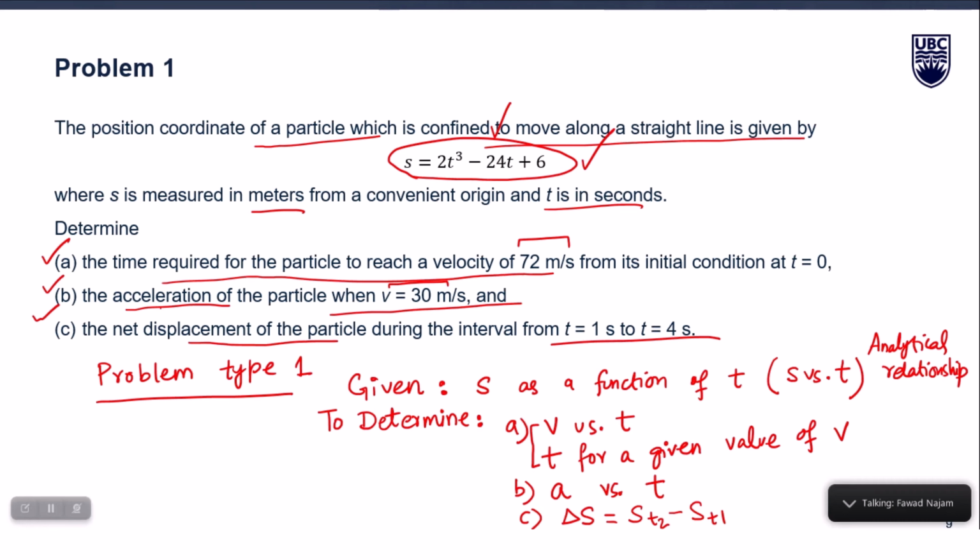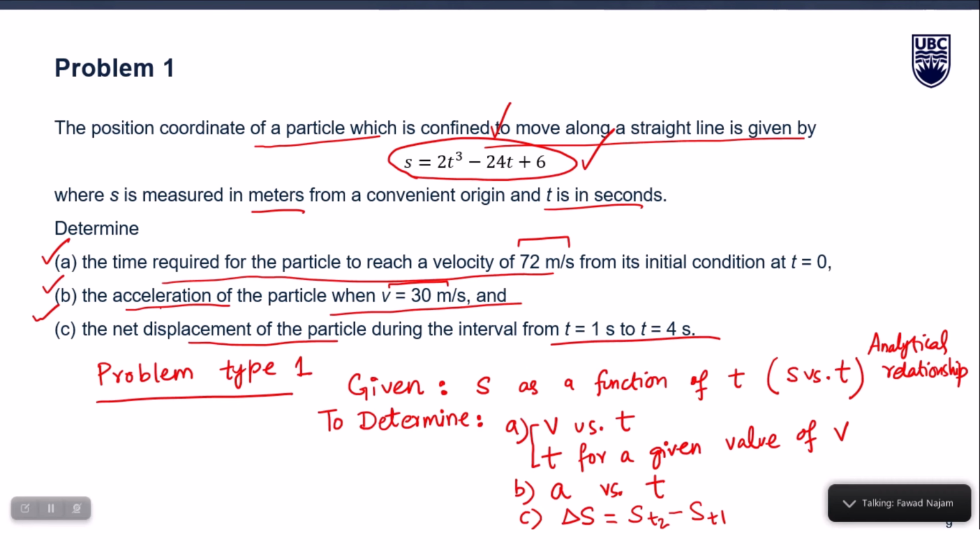Net displacement. This is if we decide to solve this problem analytically. We also know that we can graphically determine the area enclosed by the V versus T relationship to calculate any net displacement between any two time instants, but that will be applied if we decide to solve this problem graphically, not analytically.